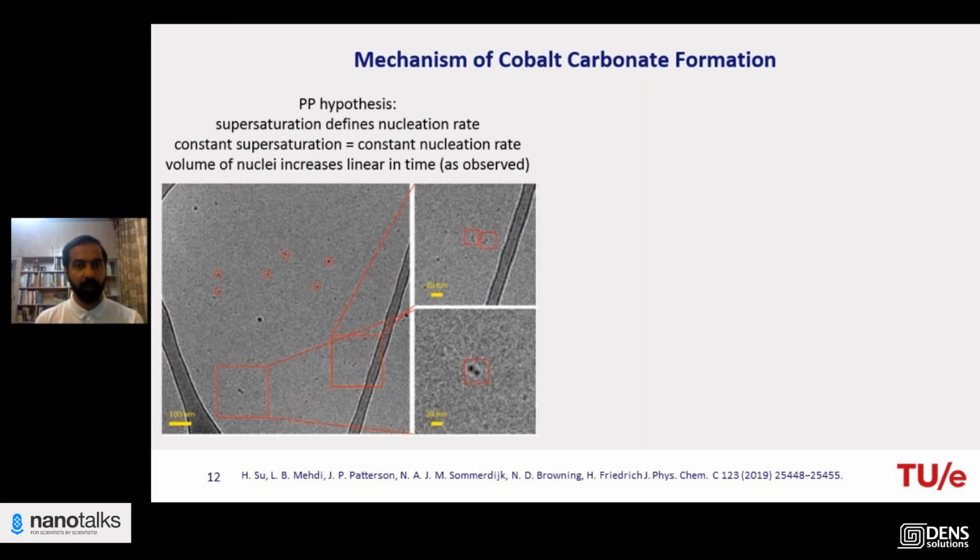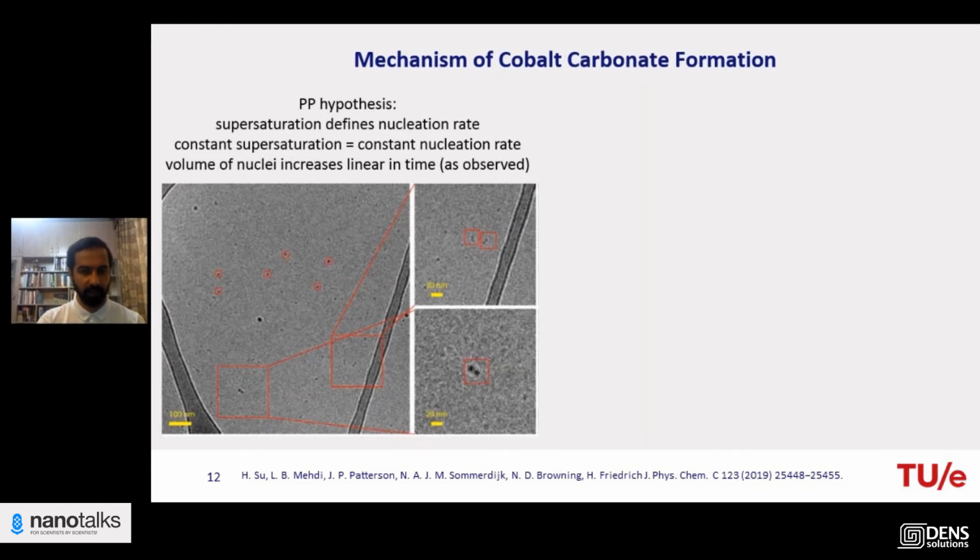The hypothesis for the mechanism was that the supersaturation is defining the nucleation rate. A constant supersaturation equals a constant nucleation rate, and the volume of nuclei increases linearly in time, as observed.